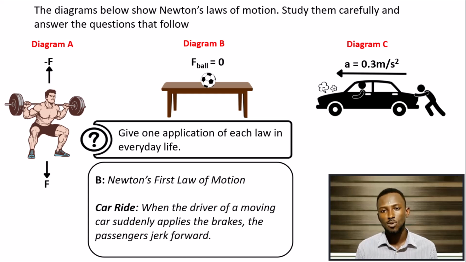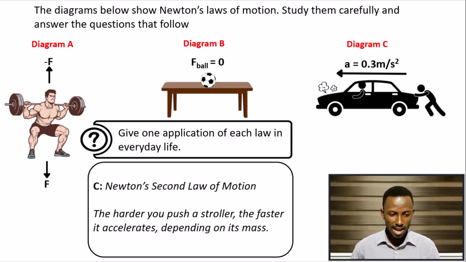This is simply because the passengers want to keep moving forward with the car, but the driver suddenly applies the brakes. So by applying the brakes, the driver is saying, hey, hold on, let's stop, but the passengers want to keep moving. And the opposite is the same. When a car is stationary and then the driver suddenly starts the car and moves forward, the passengers jerk backward.